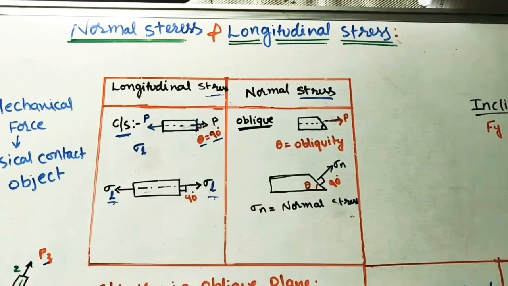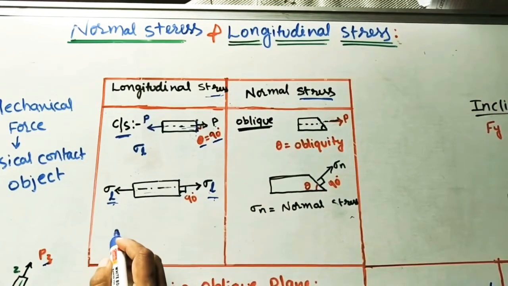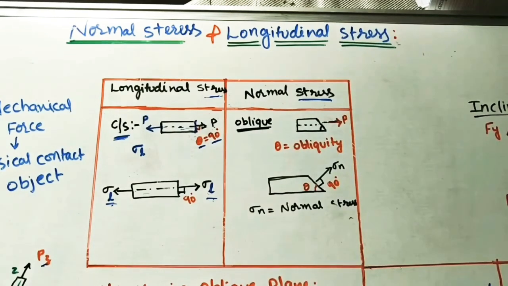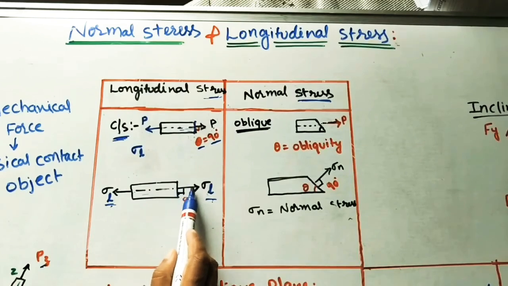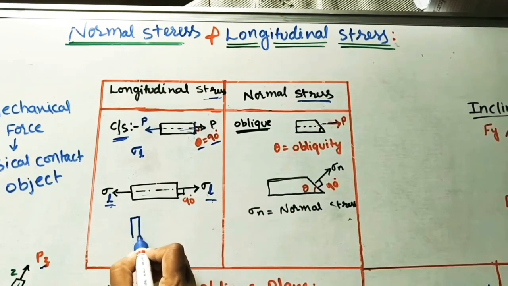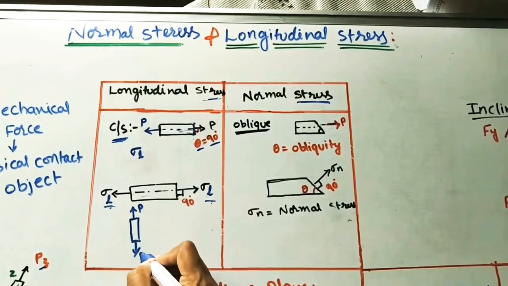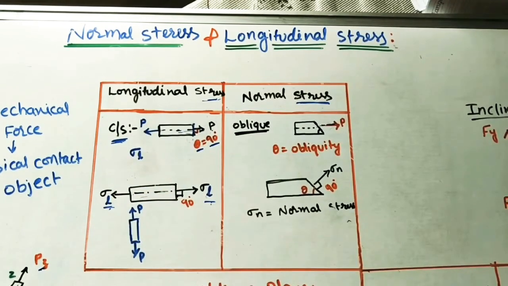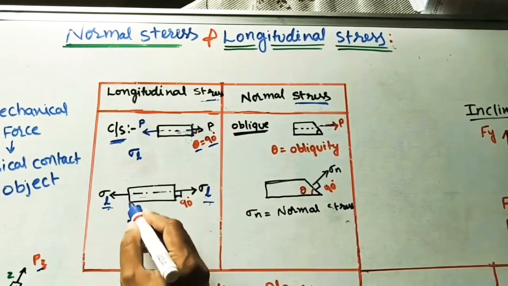The area here is perpendicular to the axis, and we call it the cross-sectional area. Always remember, longitudinal stress develops along the axis. If I apply force P at both sides of the object, we can call it tensile force, or pull-type force. The longitudinal stress will develop along the axis.